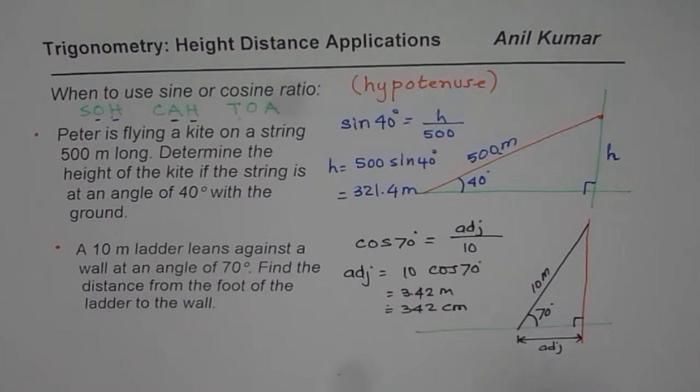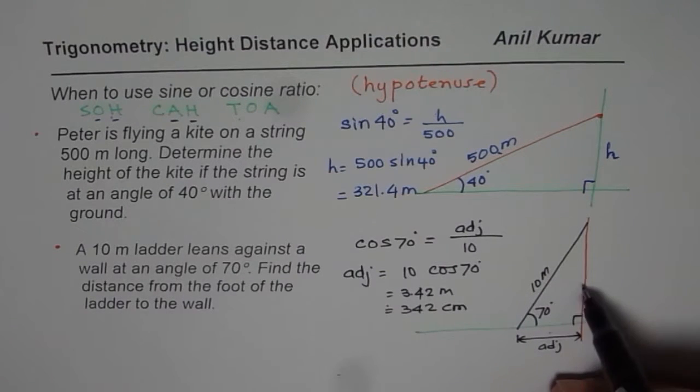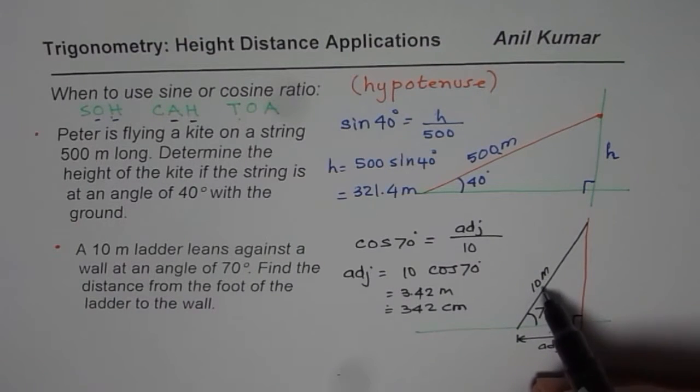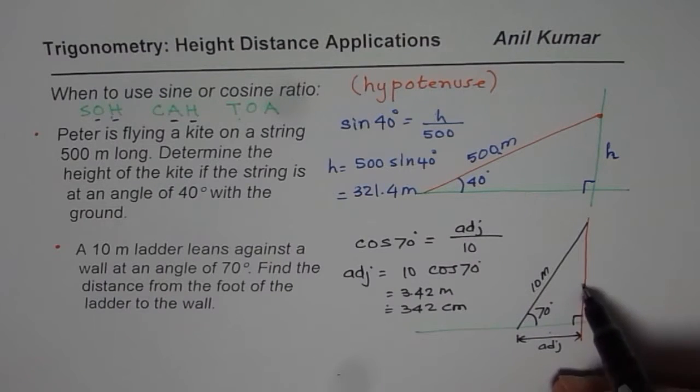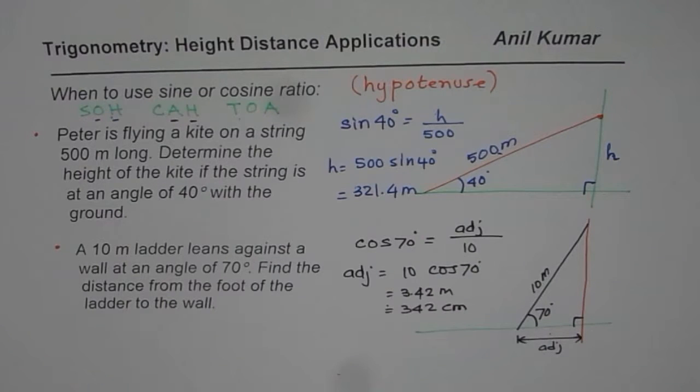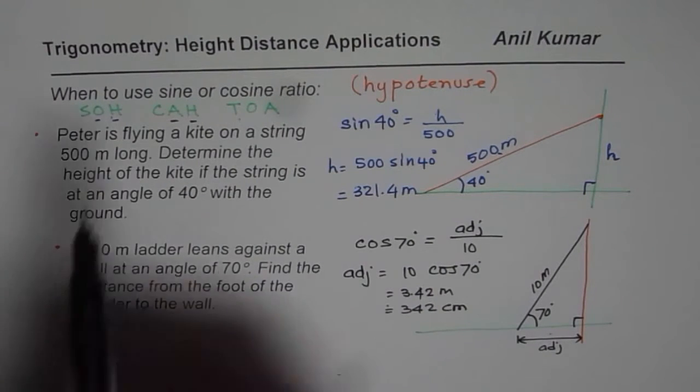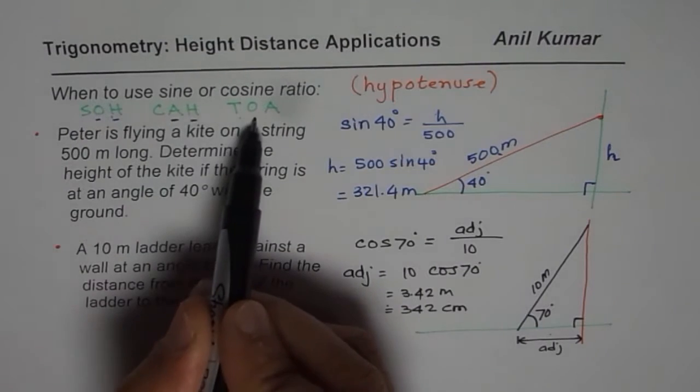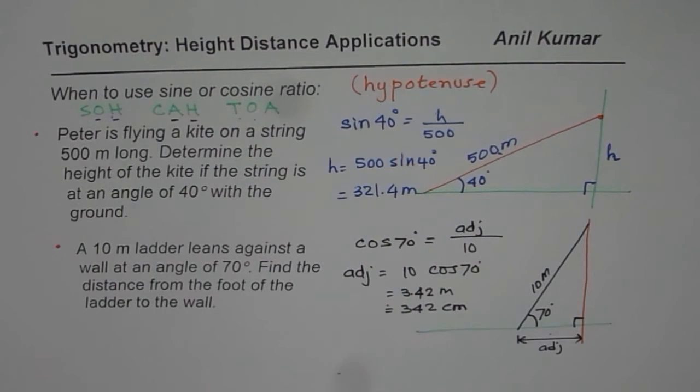If it is only height and distance, normally they will be the sides, not the hypotenuse, so normally it is the tan ratio. But there are so many examples which we are now going to explore where it is open for you. You could use sine ratio, cosine ratio, or tan ratio. You have to work on what is given to you, and based on that, apply the correct ratio to get the right answer.